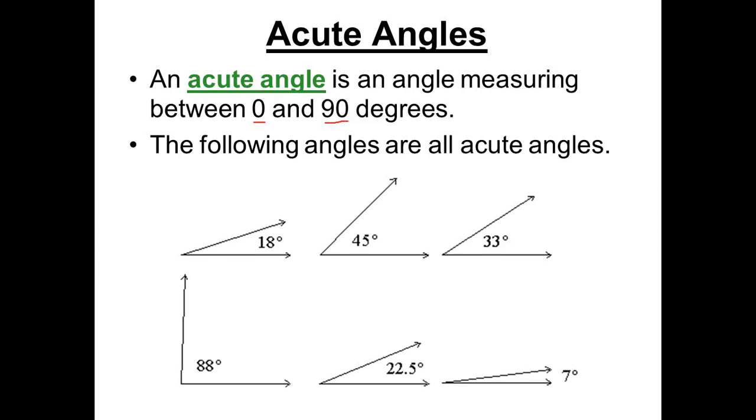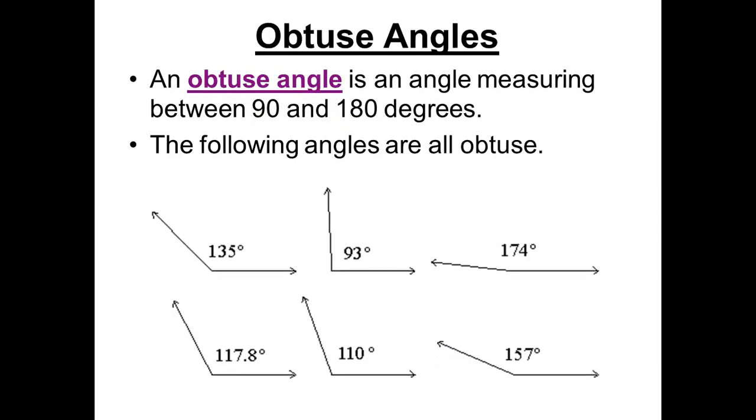Here they are. 18. It's between 0 and 90. Correct. 45. Correct. 33. Between 0 and 90. Correct. 88. Correct. And 22.5. Acute angle. Even the 7 is an acute angle.